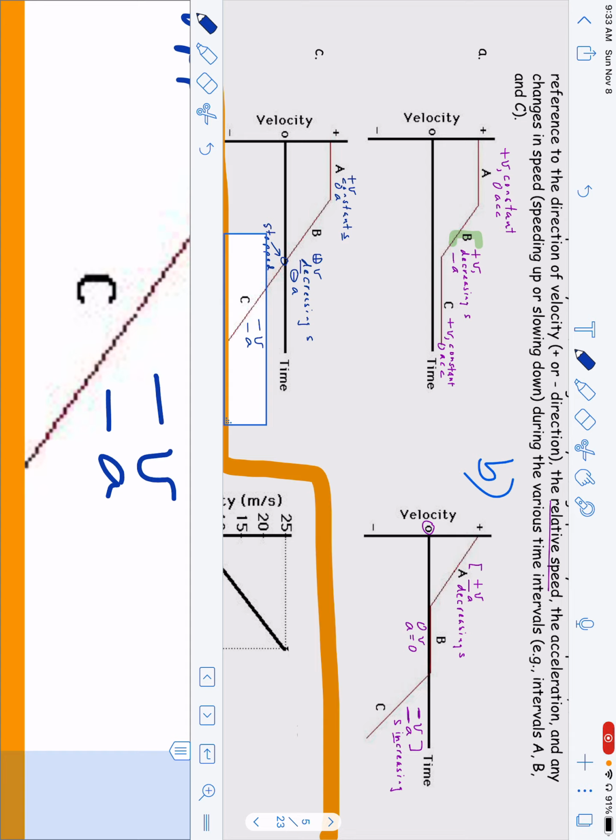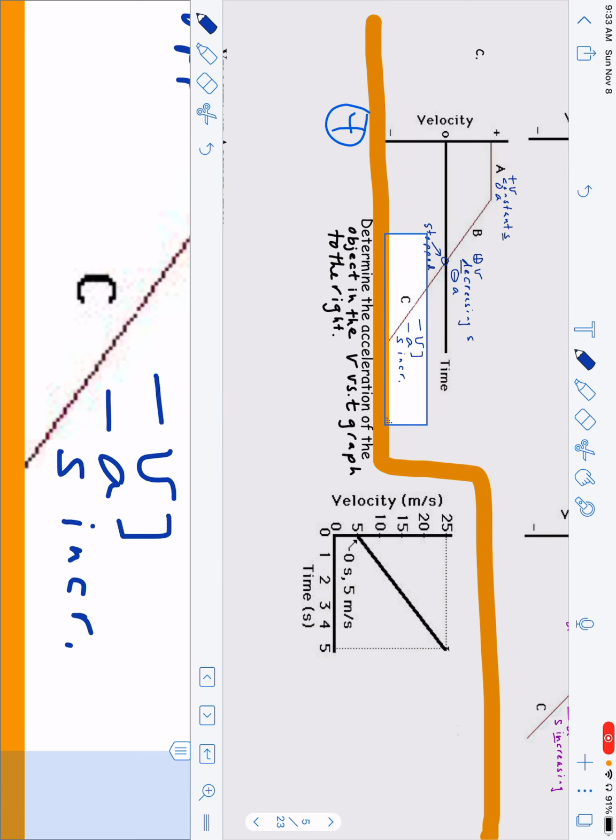And because V and A are the same signs, we got speed increasing. It's getting further away from the zero value to higher negative numbers. I mean, bigger magnitude negative numbers.